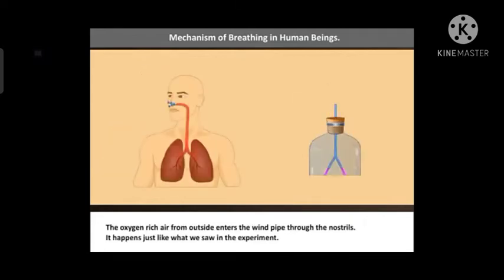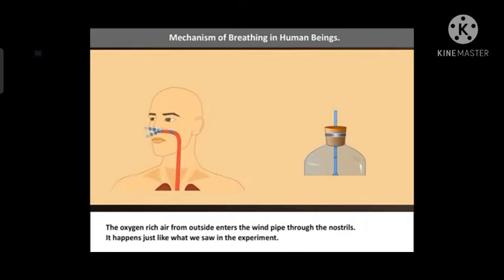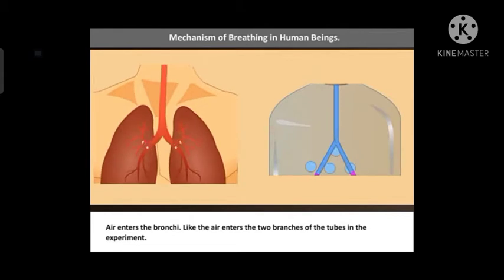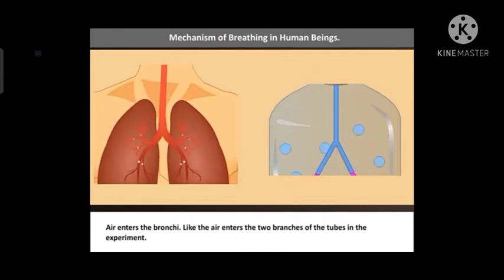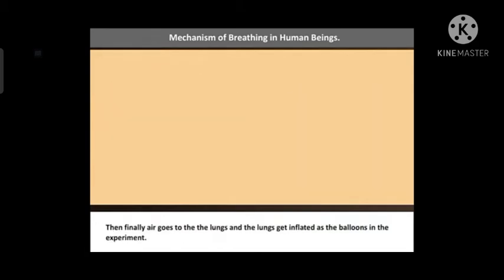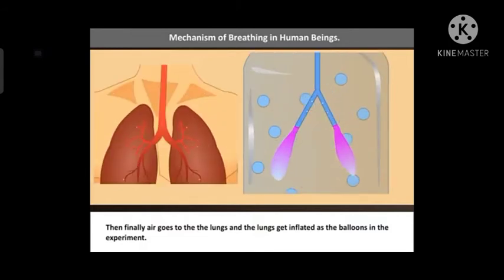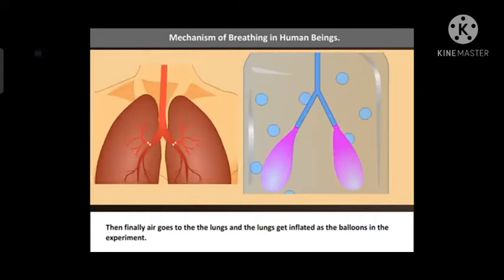The oxygen-rich air from outside enters the windpipe through the nostrils. It happens just like what we saw in the experiment. Air enters the bronchi, like the air enters the two branches of the tubes in the experiment. Then finally, air goes to the lungs and the lungs get inflated as the balloons in the experiment.